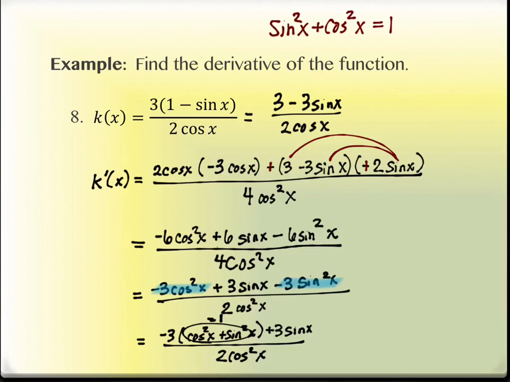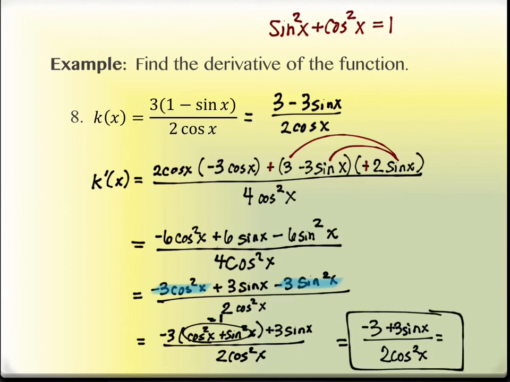So it simplifies down quite a bit to negative 3 plus 3 sine x on top and 2 cosine squared x on bottom. What was my function name? K prime.